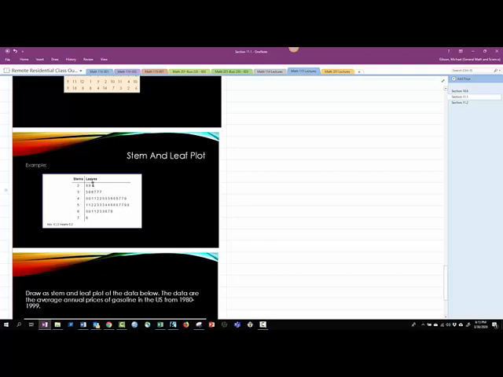So the leaves are usually the lowest digit in the numbers, right? So most of the time they're whole numbers, and the leaves are the ones digit. They could be decimals where the leaves would then be the smallest decimal place, the tenths digit or maybe the hundredths. And to the left, the stems are the biggest number, or the higher digits, however many there are.